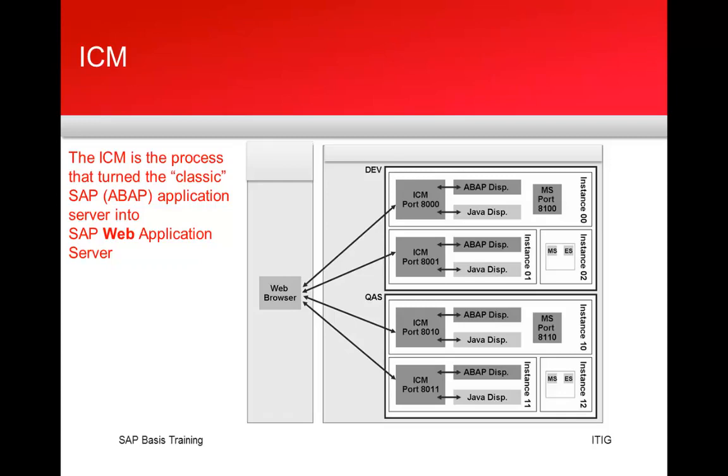So the work process can directly generate web compatible content in a way that can be forwarded to the web browser using the ICM. One way of creating the content is to use BSP, that is Business Server Pages, or you can create it using SEAT as well.